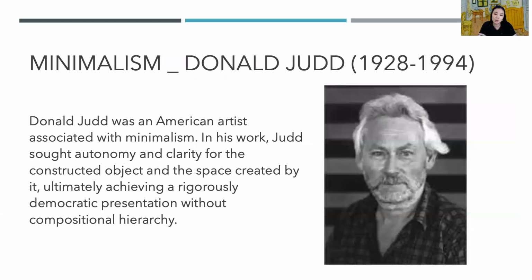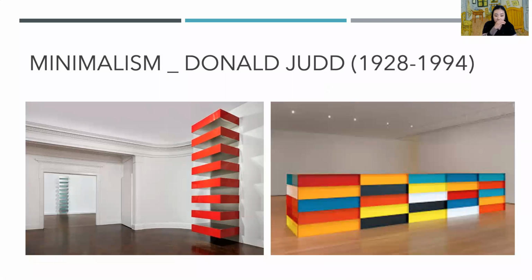So Donald Judd was an American artist associated with minimalism. In his work, Judd sought autonomy and clarity for the constructed object and the space created by it. He abandoned painting for sculpture in the early 1960s.